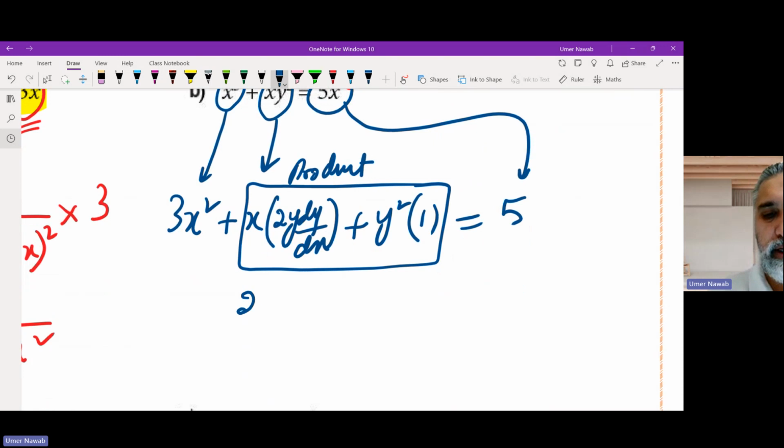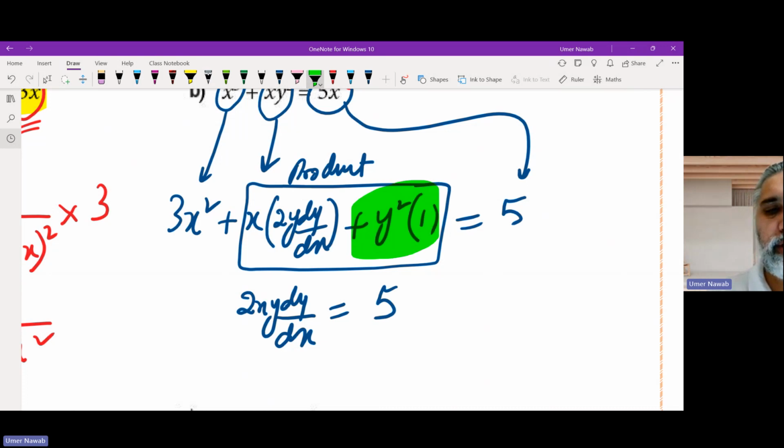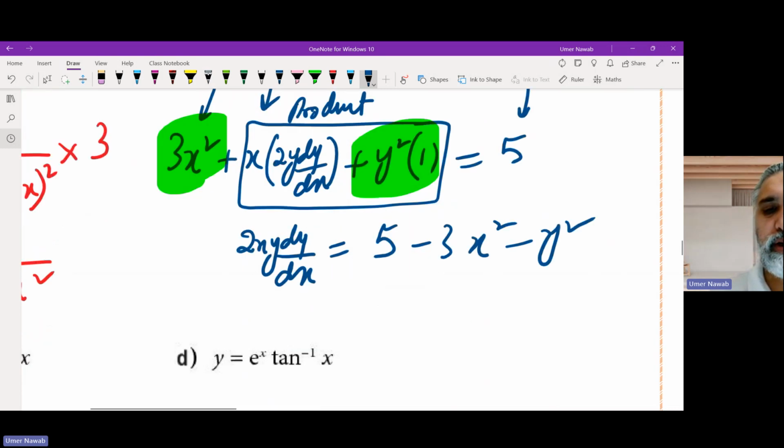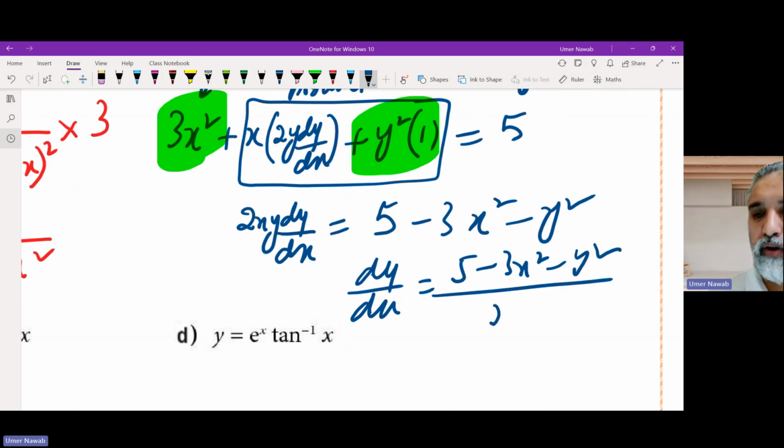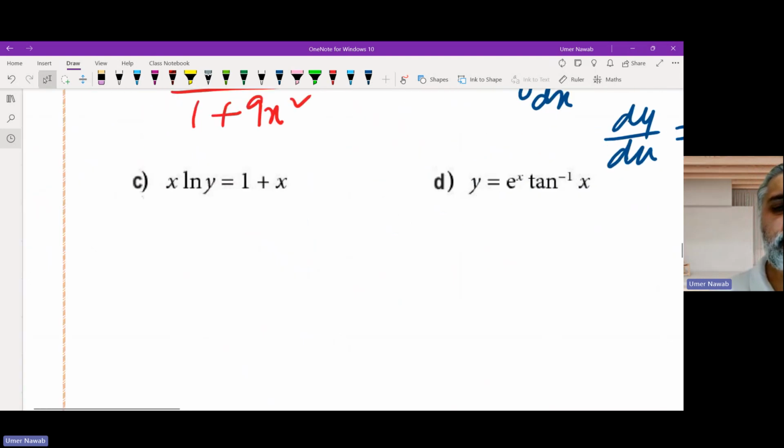Now I keep 2xy dy by dx here and send the rest of the values to the other side. Which values? y squared and 3x squared on the right hand side. So this becomes minus 3x squared and minus y squared. Then finally dy by dx, guys, is equal to 5 minus 3x squared minus y squared over 2xy.